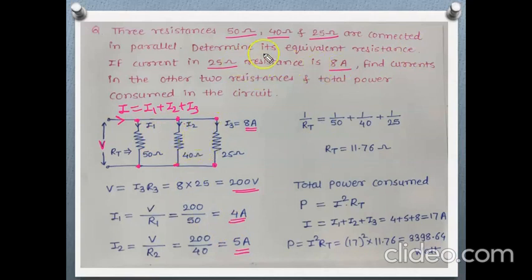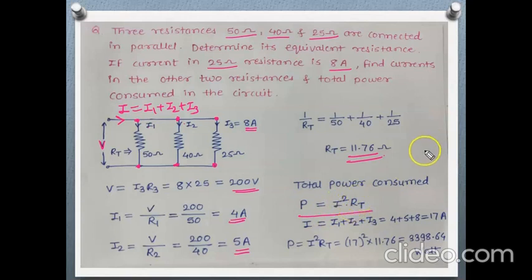Then, next, equivalent resistance. 1 upon RT is equal to 1 upon R1 plus 1 upon R2 plus 1 upon R3. Putting the values of R1, R2 and R3, we will get the value of RT. RT we have found, and the current through the two resistances also. Next is power. Total power consumed is P equal to I square RT.